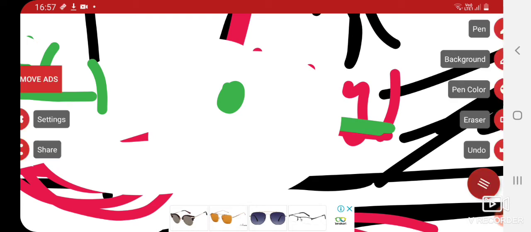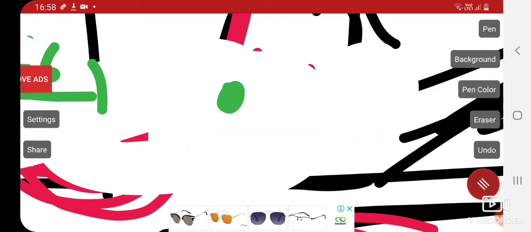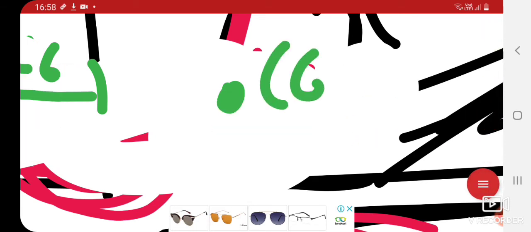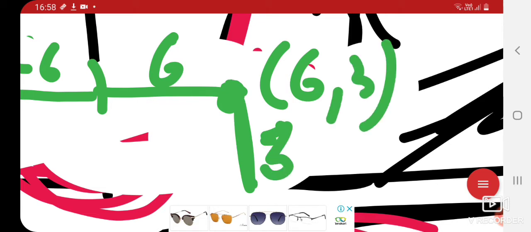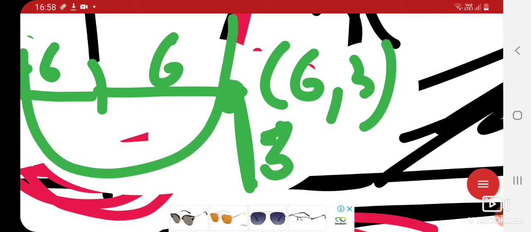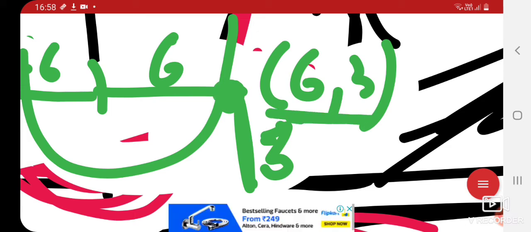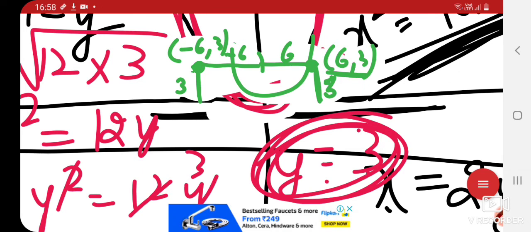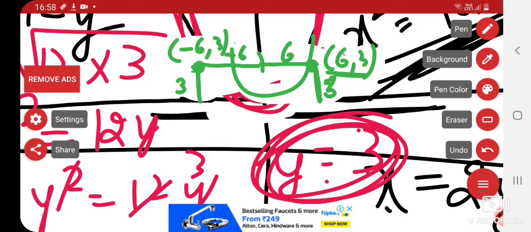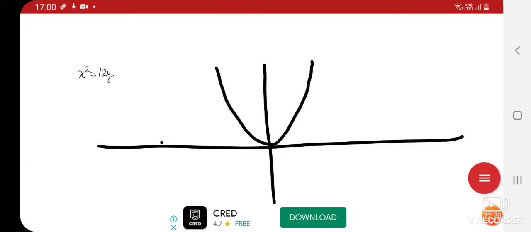That means this can be minus 6 and 3, and the point that was somewhere here, the distance from here to here is positive 6, and from here to here is a positive 3. That means the point which was on this quadratic graph can be 6 and 3, and can be minus 6 and 3.